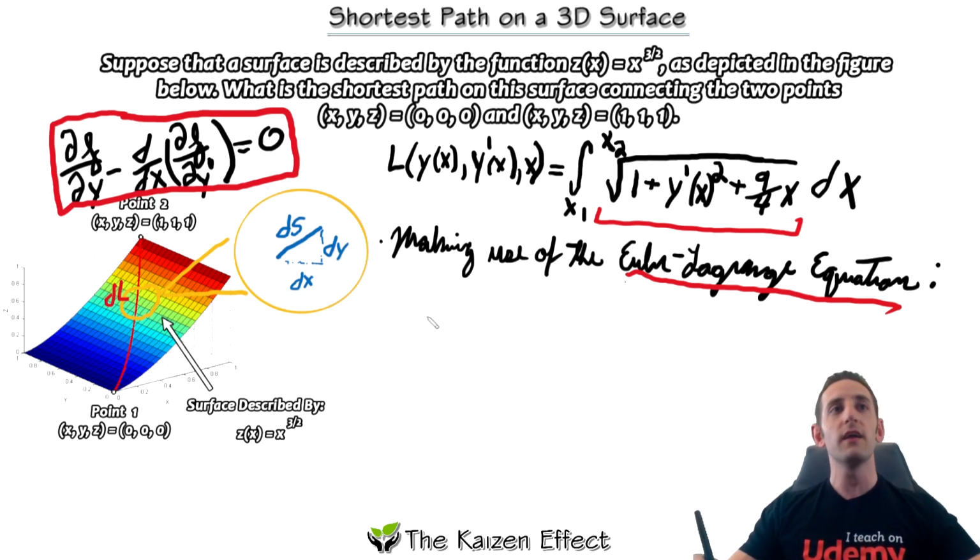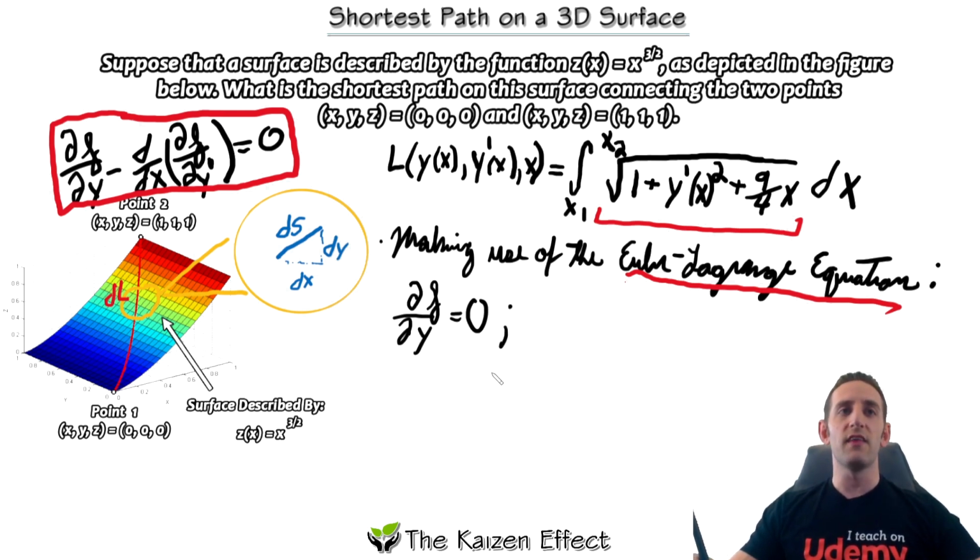The first one, df/dy, where this is f, is obviously going to be 0. It's 0 because there's no y present in the function. That's pretty easy, sort of a gimme. So I'm going to write that down: df/dy is equal to 0. The next thing we need to do is figure out what it is for this guy right here, which is a bit more complicated.